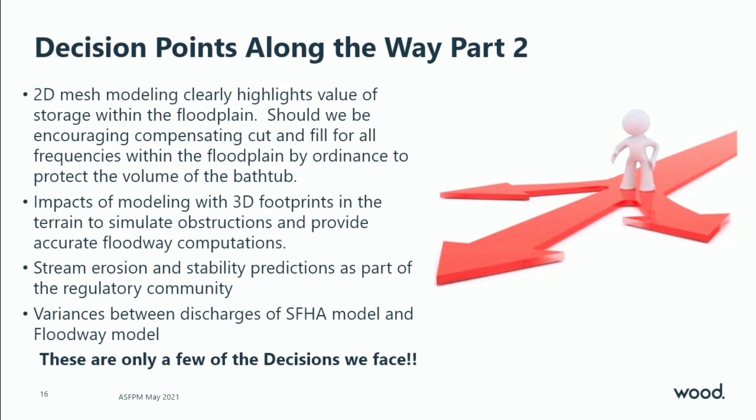Without those footprints in the terrain, sometimes those flows down the roadways are hard to simulate in our mesh environment. We have the ability to do stream erosion and stability predictions, and probably shame on us if we don't.